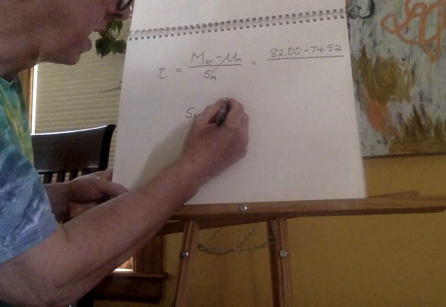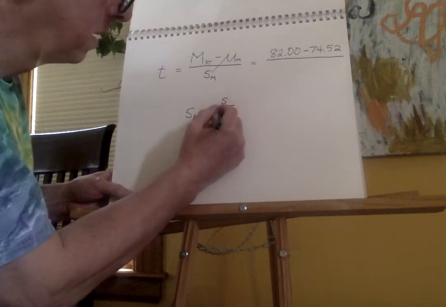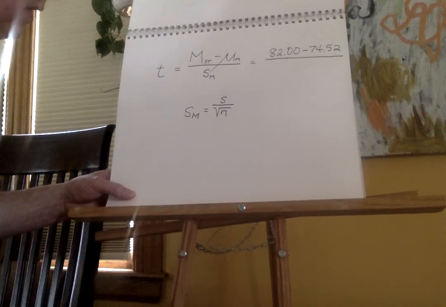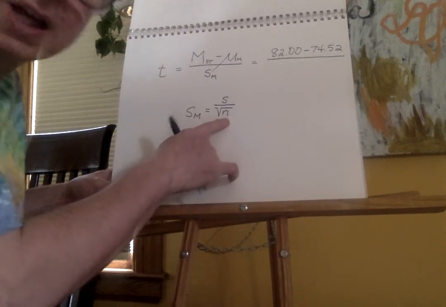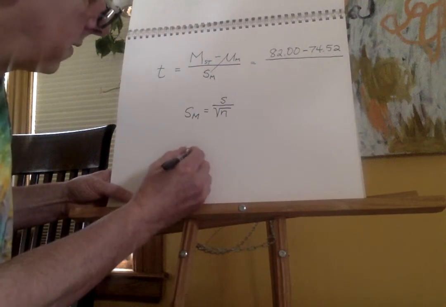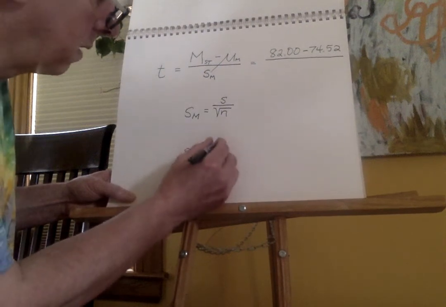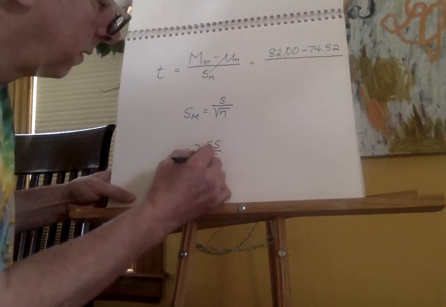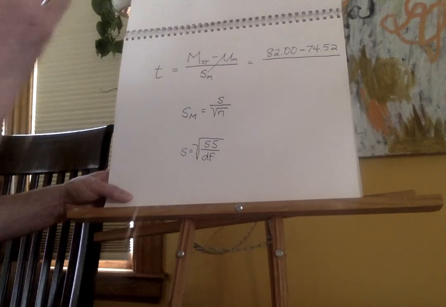Well, that's equal to S divided by the square root of n, okay? I know n is the sample size, but what is S? S in this case is the sum of squares divided by degrees of freedom. Take the square root, remember.